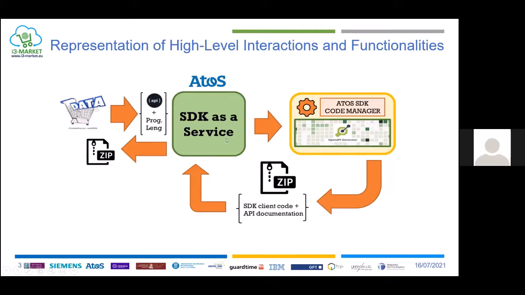The SDK generator is able to generate on the fly automatically all the client code, all the client stack, plus some API documentation. We zip the client code and the API documentation, and the SDK generator uploads this zip file that contains the code plus the documentation to the invoker.